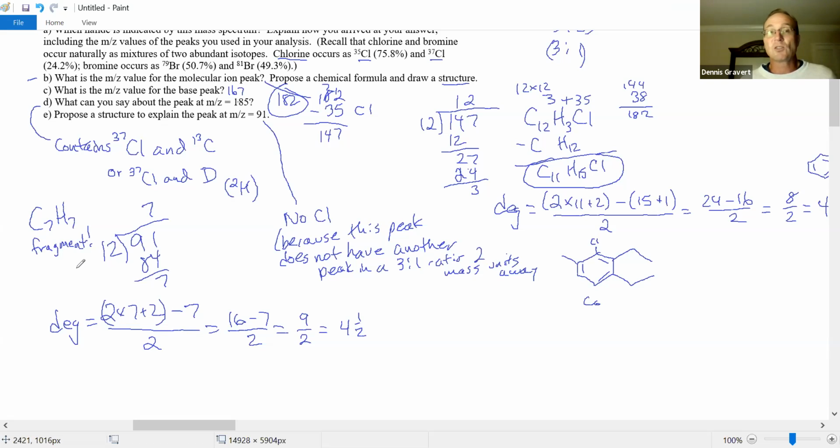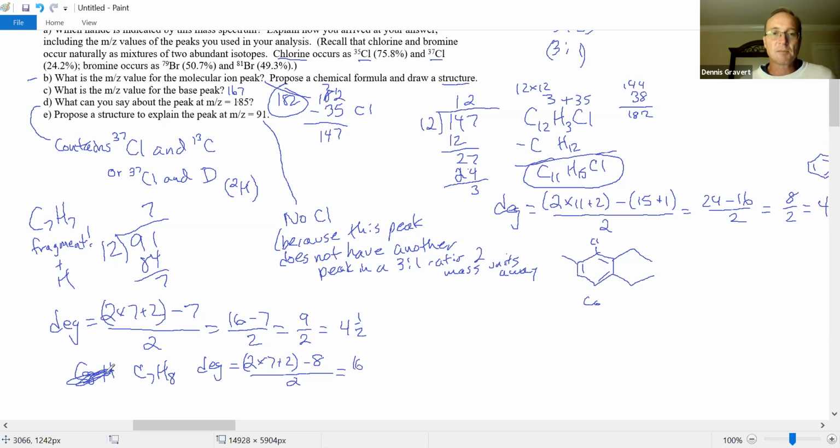So what you can do is say, hey, let's make it a complete molecule by adding another hydrogen and see what the molecule would look like. Not another carbon, another hydrogen. There we go. Add another hydrogen. And then we calculate the degrees. Still 2 times 7 plus 2. Now we're going to subtract 8. Divide by 2.